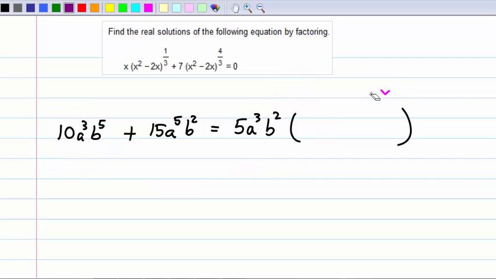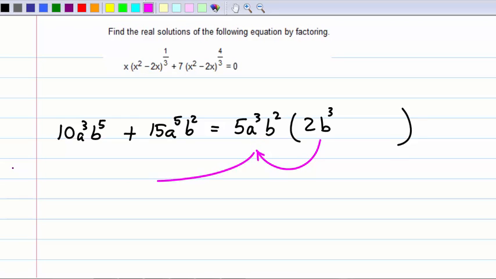So in that first blank space in the parentheses, what do I need? Well, I need a 2 and a b cubed. Why? Because if I multiply 2b cubed times the GCF, I get the first term.